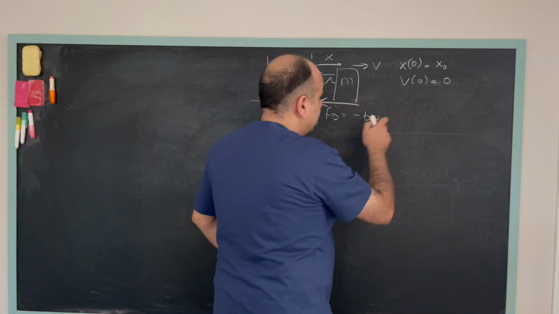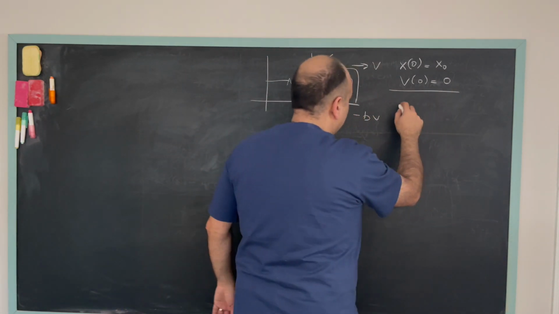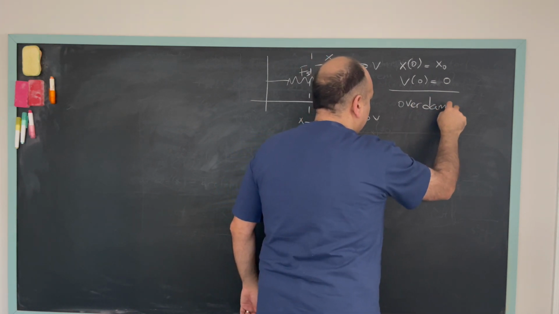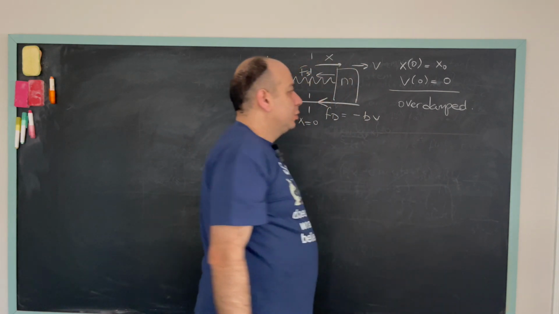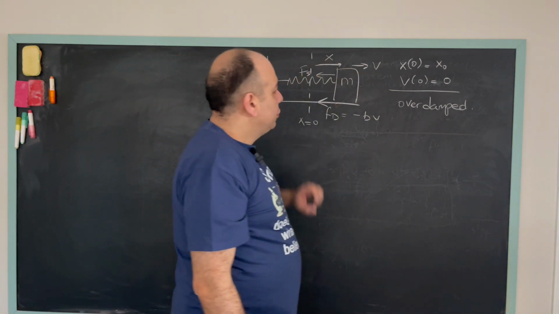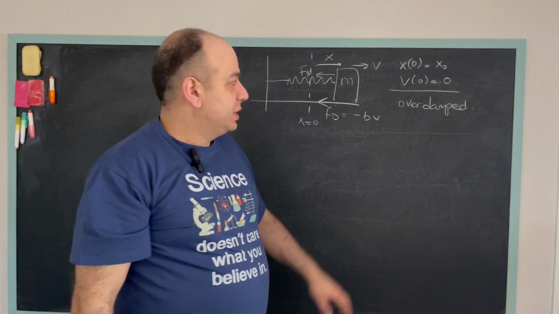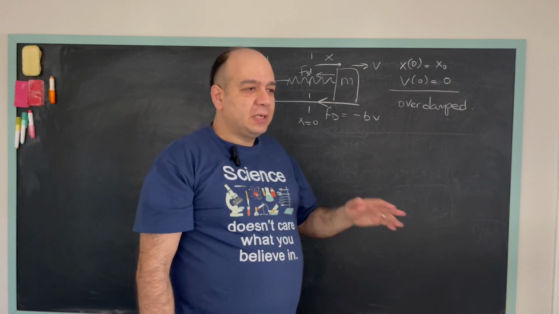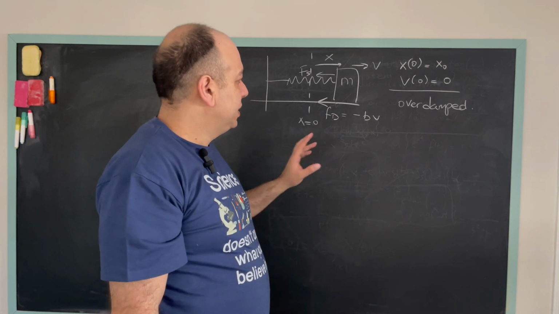And I want this system to be overdamped. So what does that mean? We do not want to see any oscillations. So when we solve for x of t, we don't want to see any sine or cosine functions. So there will be no oscillation.